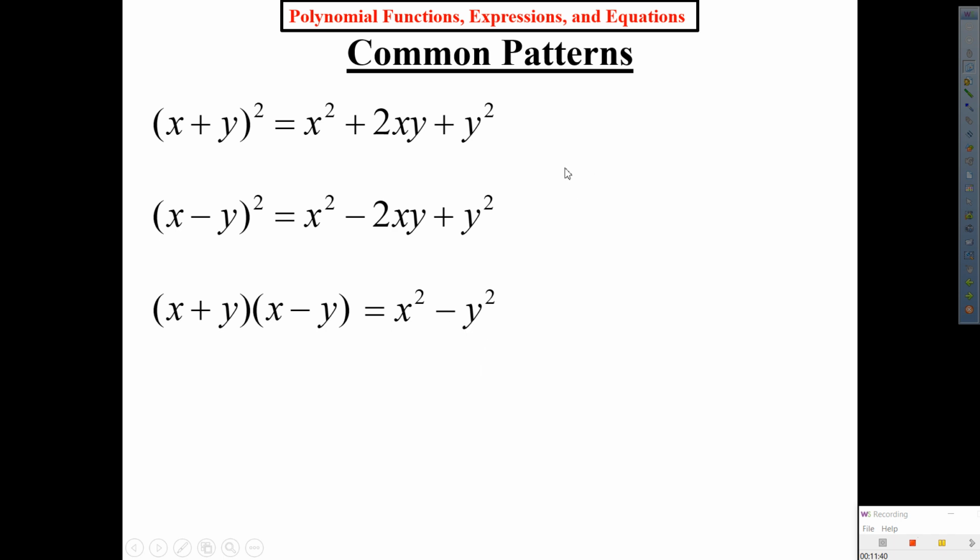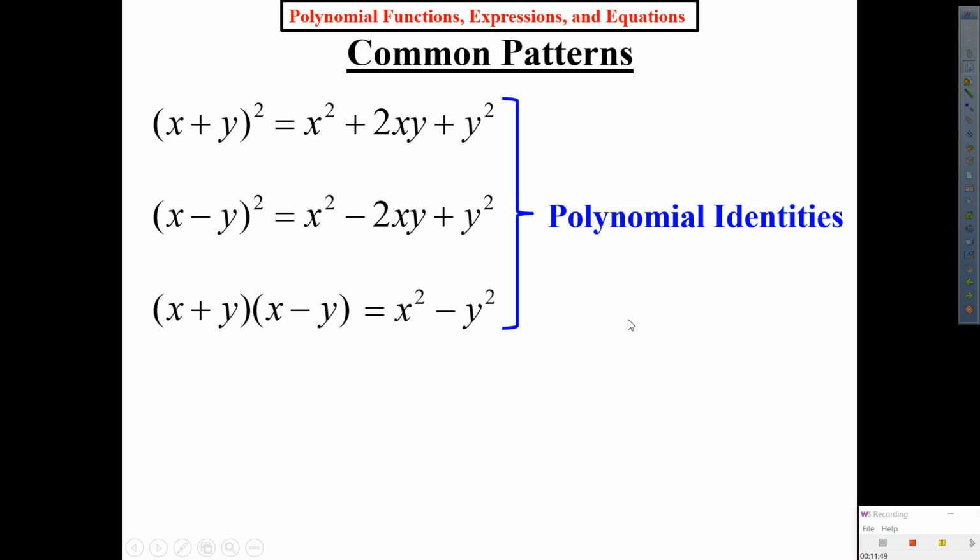All right? And these are called polynomial identities. Polynomial identities. Copy those, please. Today we're going to be working with those. I'm going to show you how to identify some of those using regular numbers. Let's go. So, patterns.